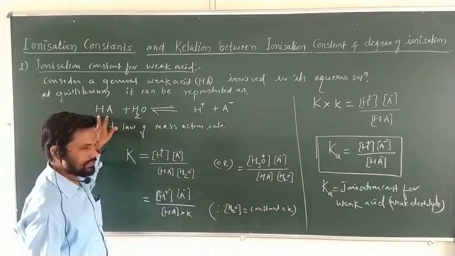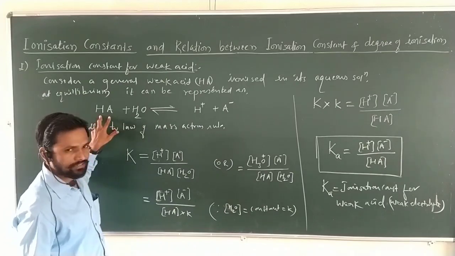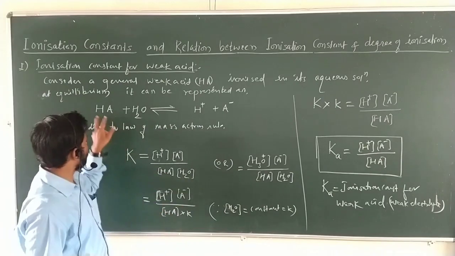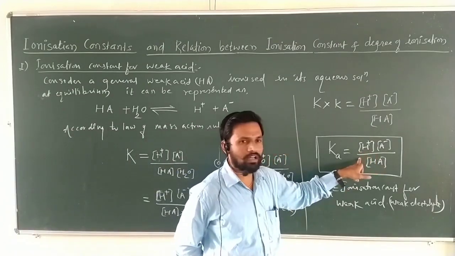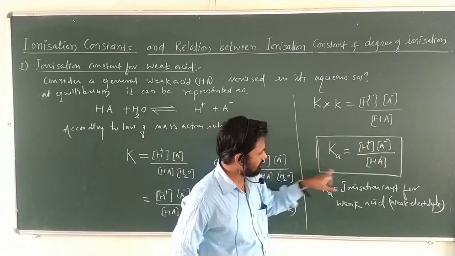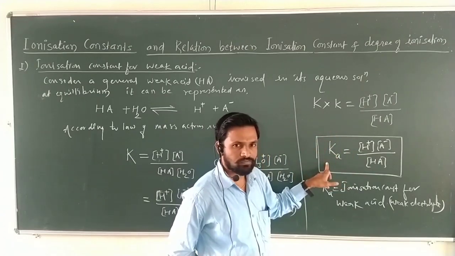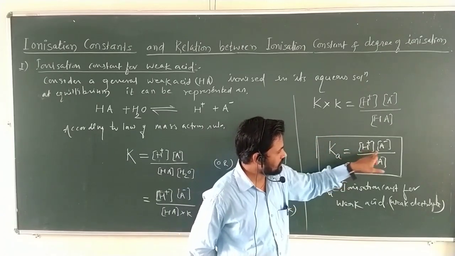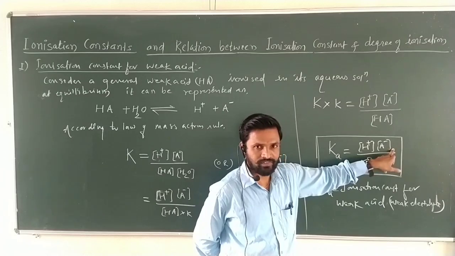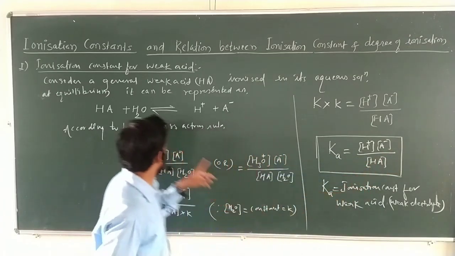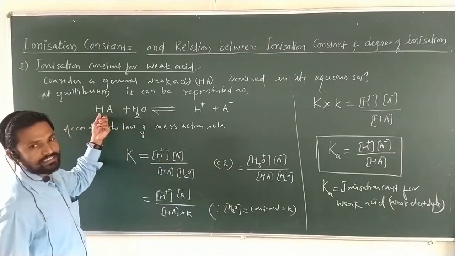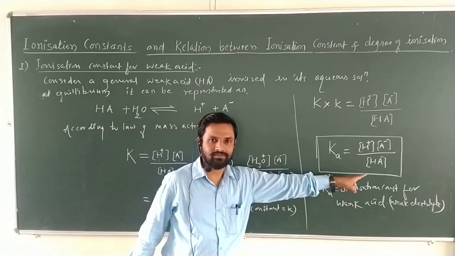HA, which is a weak acid or weak electrolyte, we already took, is ionized in water. It forms H plus and A negative. Here it is the molar concentration. Ka, that is the ionization constant, is equal to the product of the molar concentration of ions divided by the molar concentration of unionized weak acid.